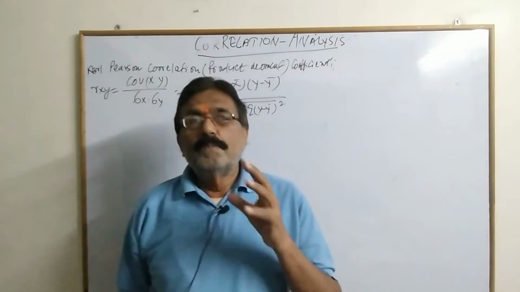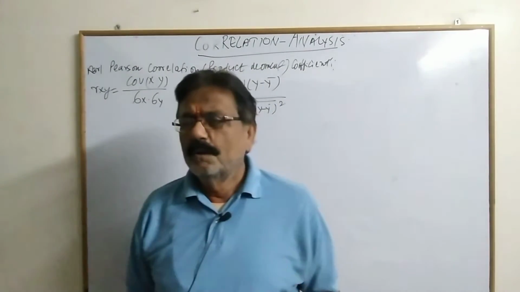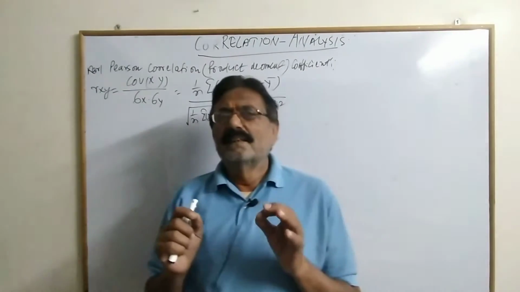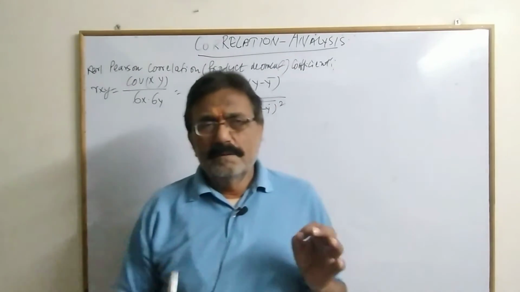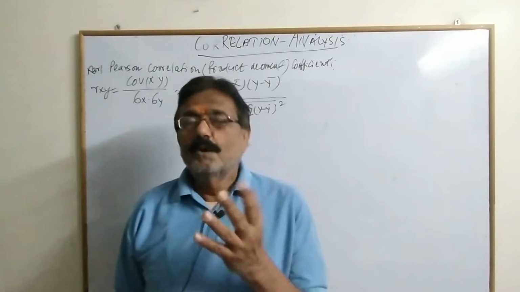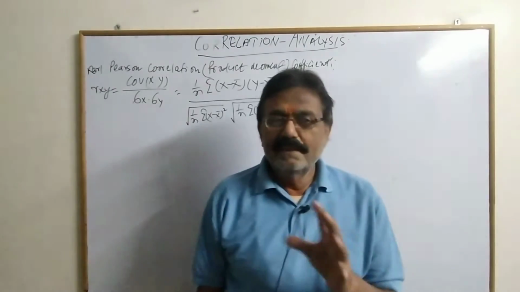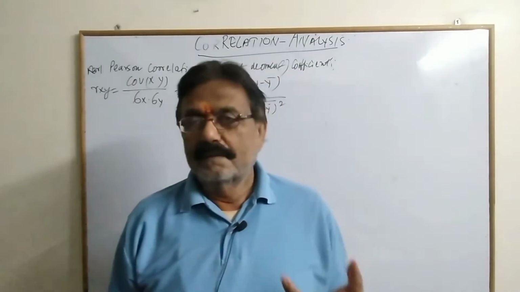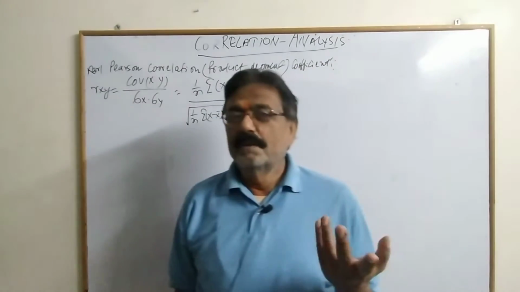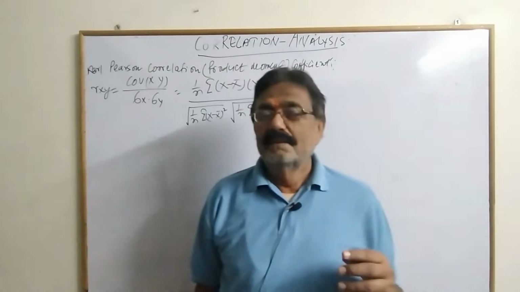By observing the nature of the scatter of the points, we can conclude that the correlation is positive, perfectly positive, negative, or perfectly negative, and sometimes there is zero correlation, where the two variables are not related in any way.